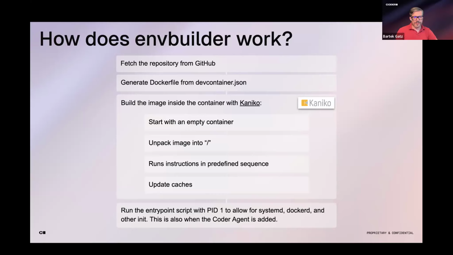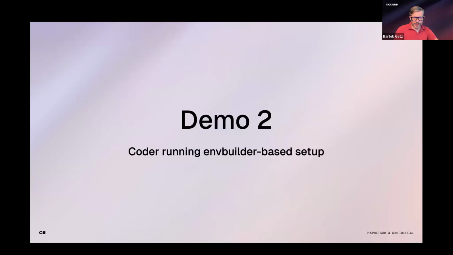This is also where the Coder agent is added on top of everything. You might say this is a modification to the dev container definition file, because the Coder agent is very unlikely to be part of the definition. Once this happens, you end up with a workspace that has been created according to a dev container specification.